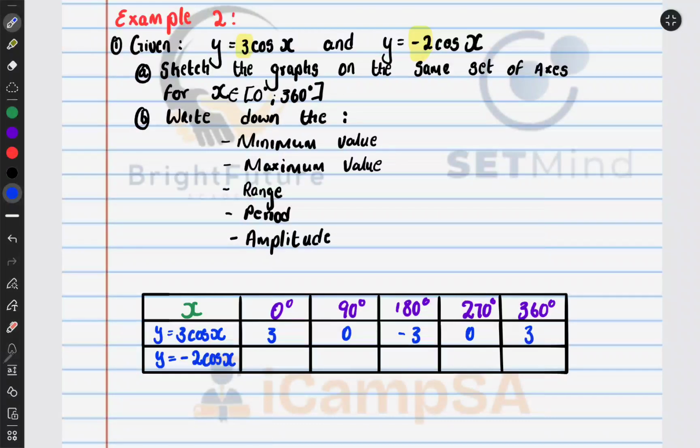Okay, and then next let's do the other one with negative 2 now. Where x is 0, y is negative 2. At 90 we have 0, at 180 degrees we have positive 2.